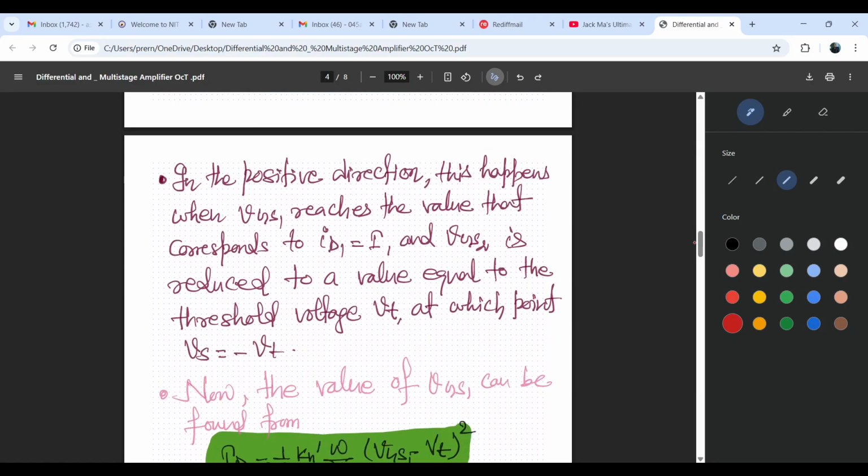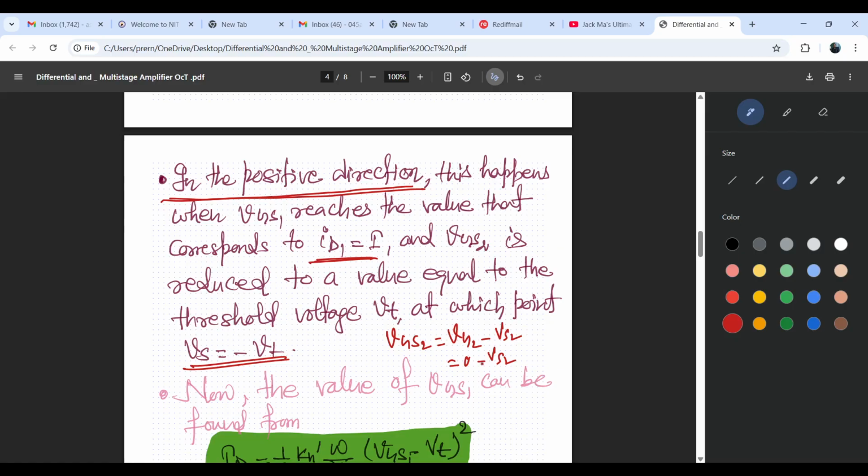So for the positive direction, when the gate to source voltage is positive, this happens when VGS1 reaches the value at which the corresponding current ID1 equals I, and VGS2 is reduced to a value equal to the threshold voltage, VT. Because VGS2 we can write as gate 2 minus VS2, where the gate is grounded.